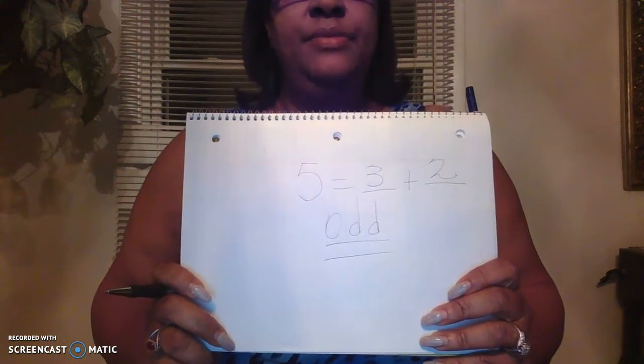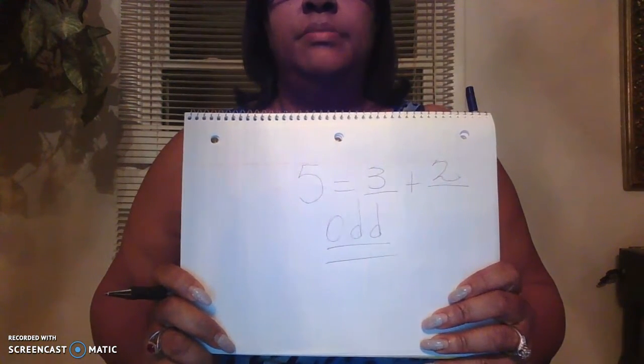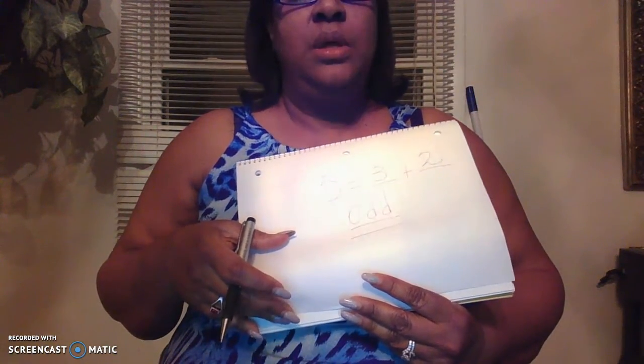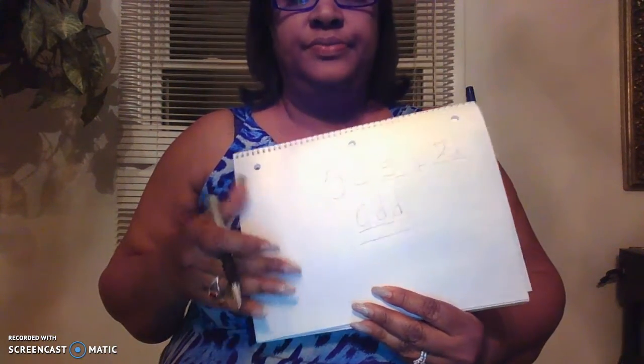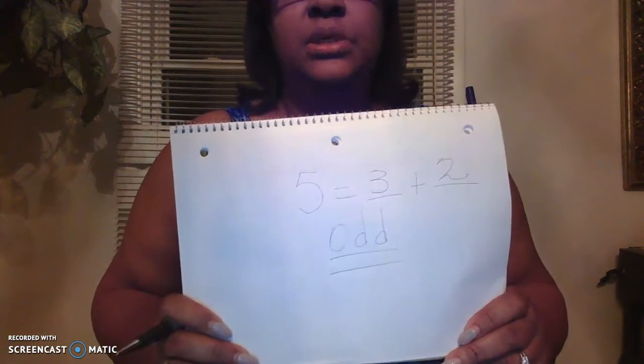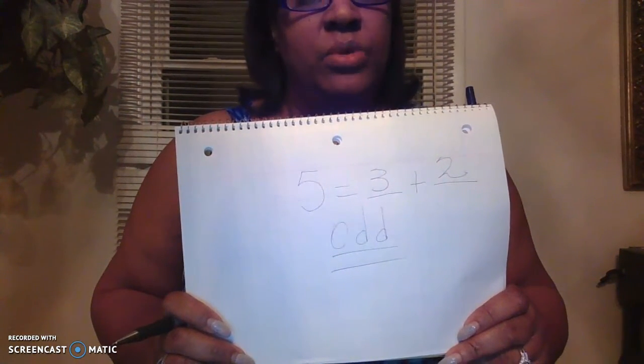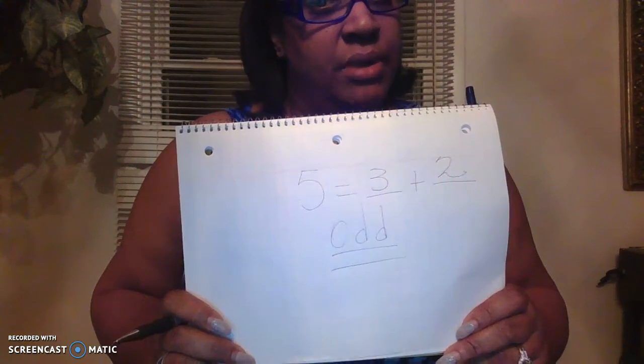Okay, so I'm going to be sending back some of your papers because we did not do the problems correctly. But I need you to call me whenever you need some help. Remember, I told you, y'all did a great job because you were thinking outside of the box and you gave me an equation that actually equaled that number.